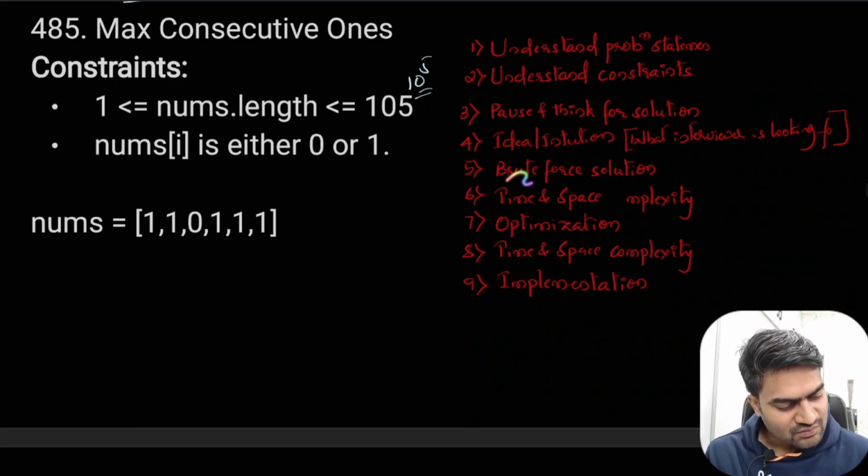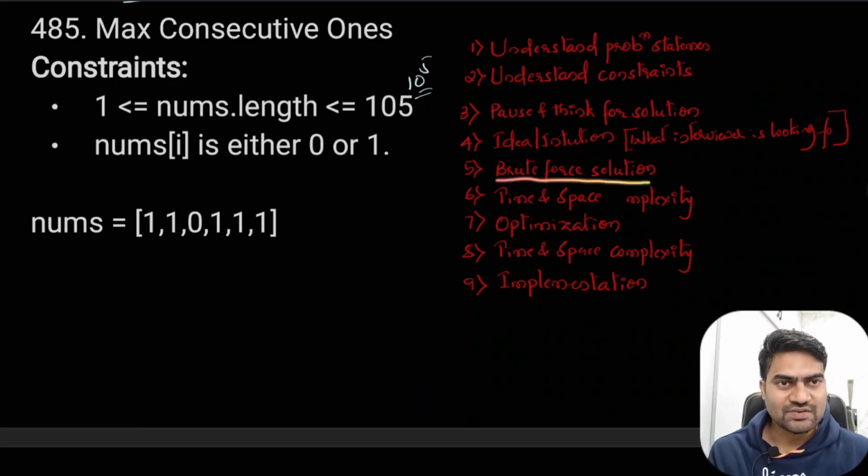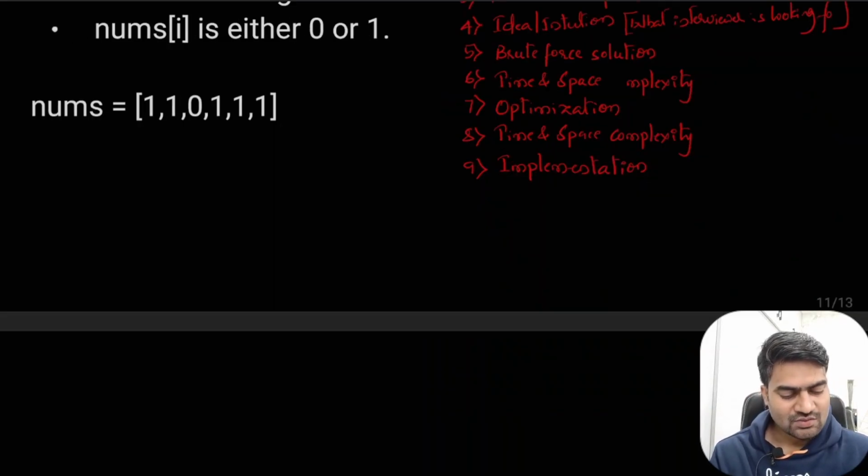Now with that, let us proceed with the brute force solution. What is the extreme naive solution we can think of when we want to find the maximum count of consecutive ones? We can try all the possible subarrays and count the consecutive ones.